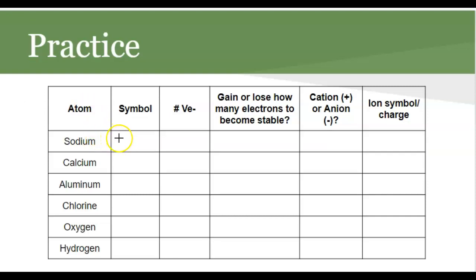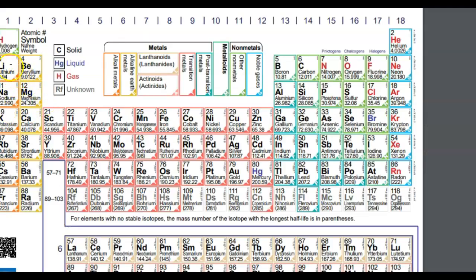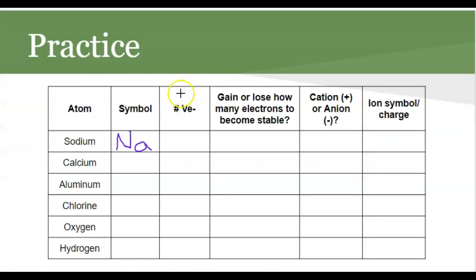Sodium is element number 11, and it is abbreviated by Na. Since sodium, if I flip over, is in column 1 here, it's going to have 1 valence electron.